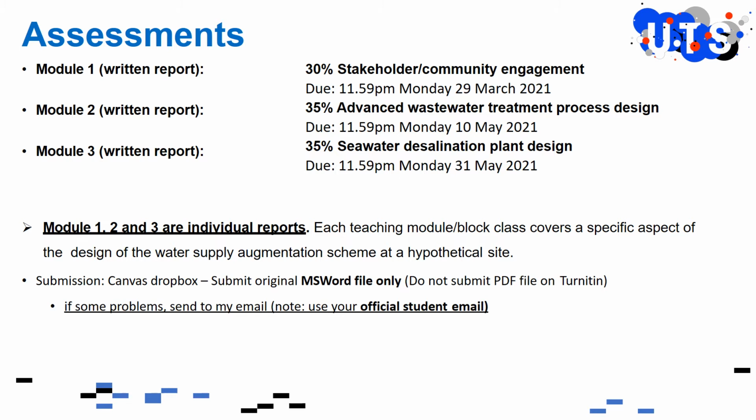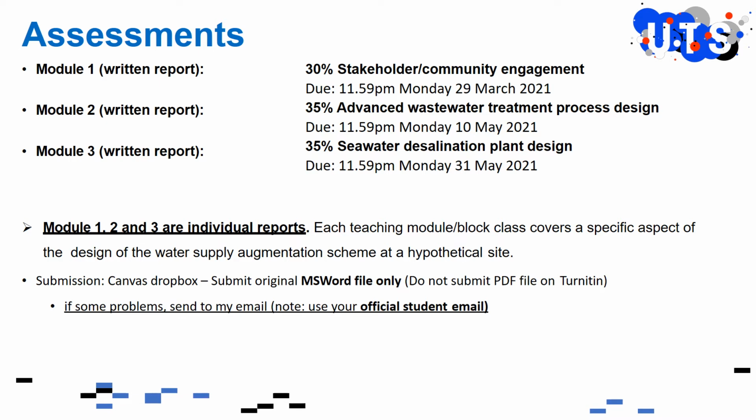The last module is seawater desalination plant design, using the WAVE software, 35%. You need to submit your assignment by the due date, and modules 1, 2, and 3 are individual reports, so you can submit when you are ready.